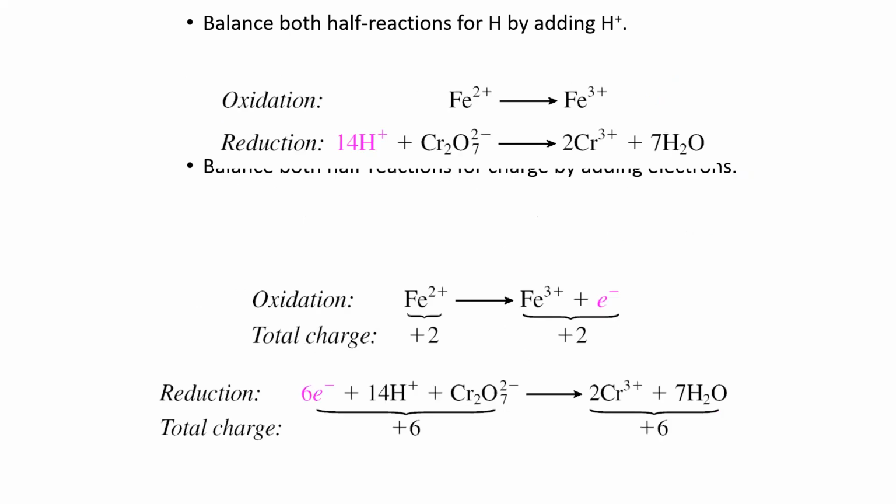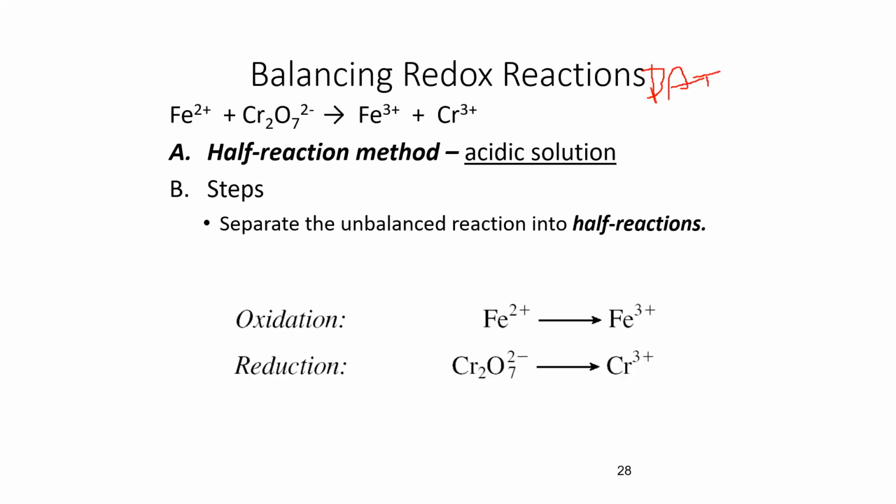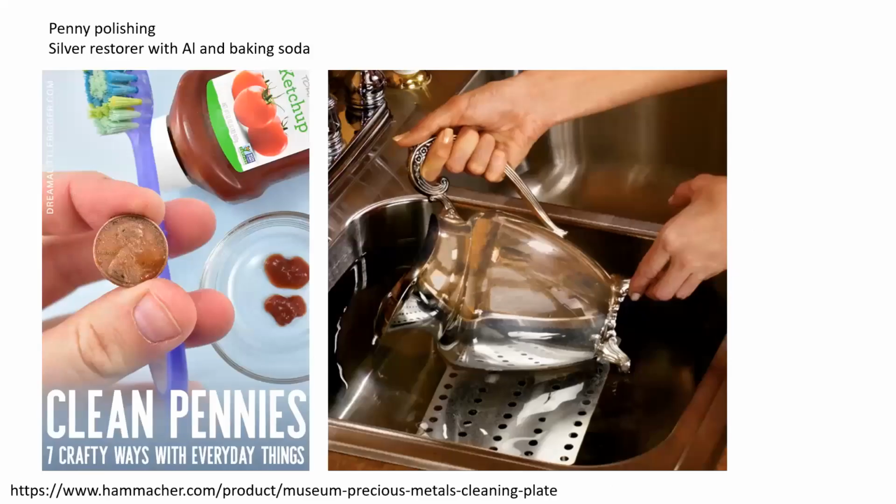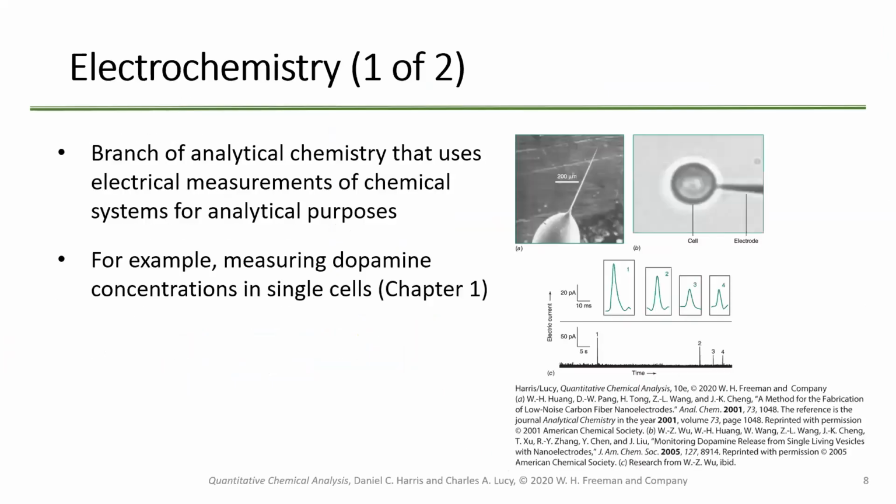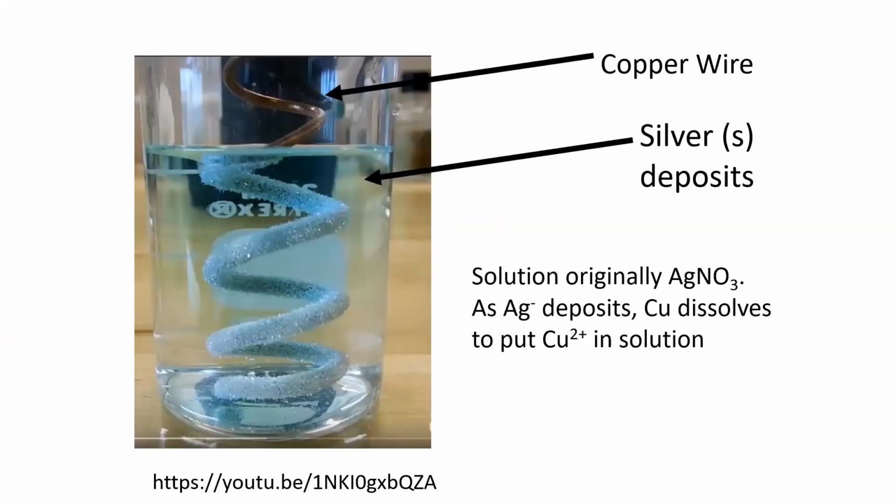It is a long, complicated process, but you're still going to do it the half reaction method. If I ask a question where it's like balance this, it's going to be done this way rather than with electron following, which is the old way to do it. The old way works if you've got something simple like our copper silver reaction, where it's really easy to see, I don't have any complicating oxygen species, it's just the two metals.